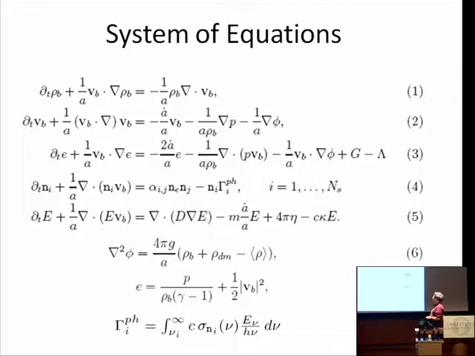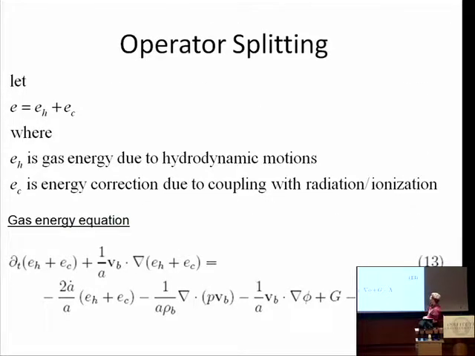So here's the grand system of equations. Conservation of mass, momentum, energy, species, reaction advection, radiation diffusion, gravity, closure relations. How do we proceed? Well, we do operator splitting, but not in the usual sense.